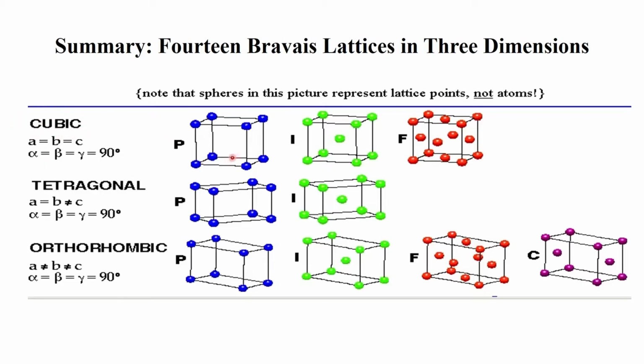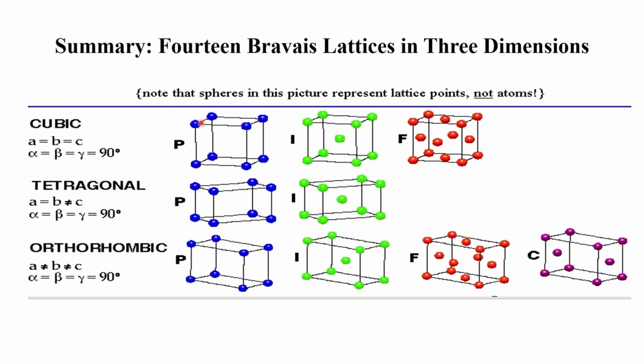In the case of the cubic system, we have these points. These are the lattice points. Please note that these are lattice points and not atoms. There is always a confusion, so we should remember that we have not brought in any realistic atom or molecule in our discussion so far. So the points appearing here are the lattice points.